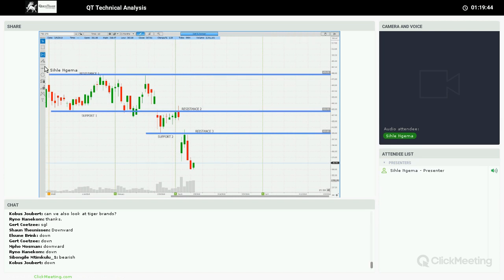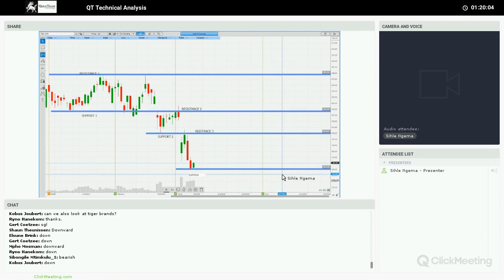So currently, from what I see, if I draw another line for this month, right there, it's not confirmed as yet, but where the share is currently at, I can name this particular area as support 3.